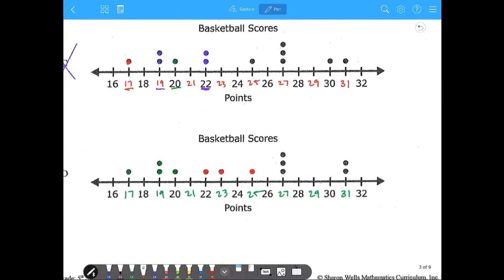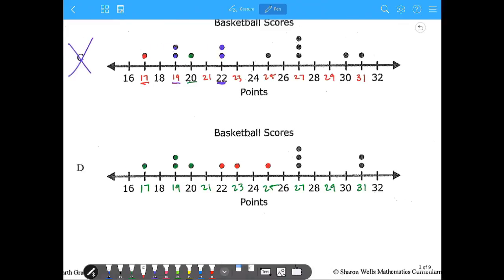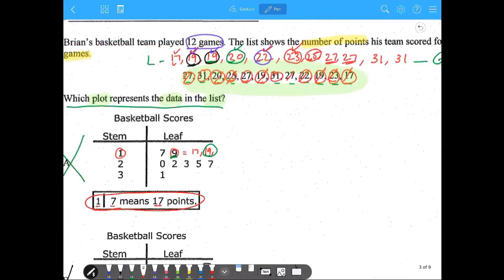Now look, next in the list, there should be 2 dots on 27. So let's go check. 27, 1, 2, unless I counted wrong. Let me see, there is 1, 2, 3. I made my mistake. I forgot to add another 27.